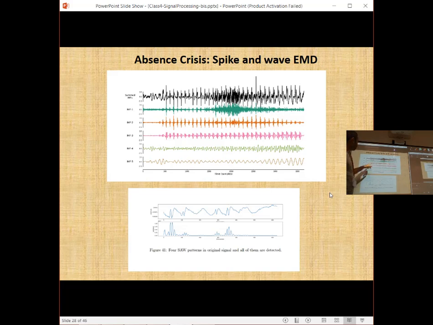So that's what we did. You remove the first component, and you get something flat, something that was oscillating, and suddenly you see those events appearing. Interestingly, those events persist across one scale and a second scale.